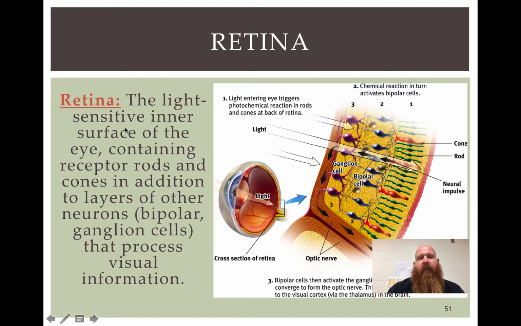As we've already talked about, light comes through the lens and gets flipped. It hits the rods and cones in the retina, definitely in the retina, though not necessarily the fovea.